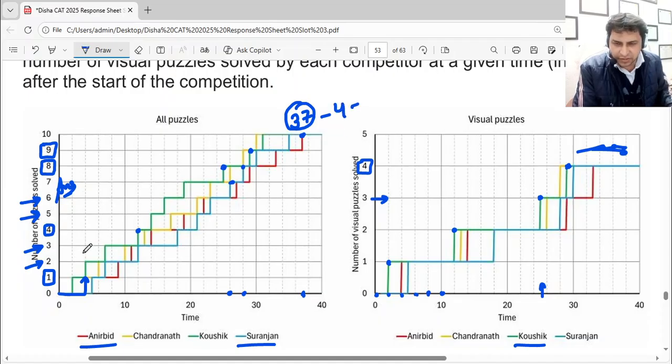then the next visual puzzle is 4th. So from here he went till here. So he took 3 minutes here, and he solved the 4th puzzle after that.